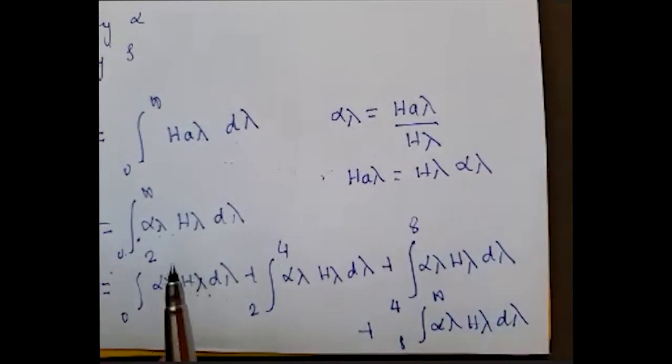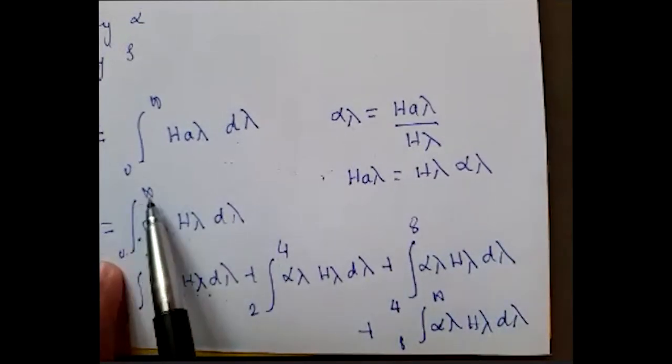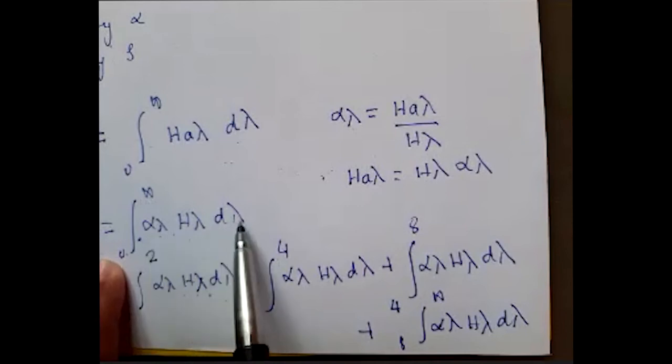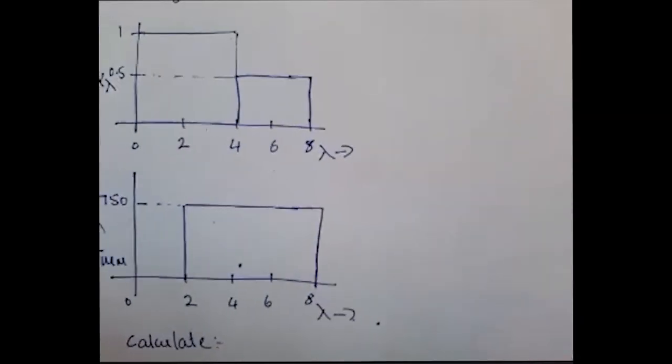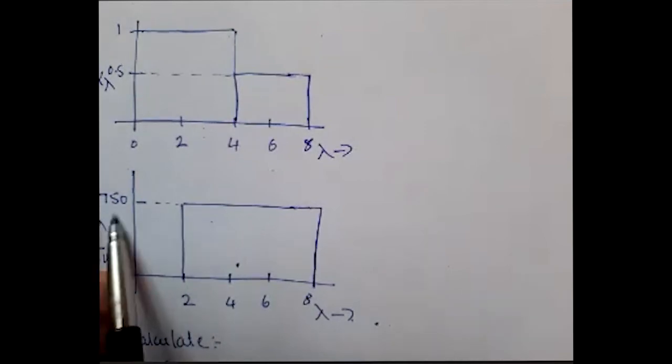I repeat, I have 0 to infinity alpha lambda H lambda d lambda. Since we have different wavelengths here as shown in the graph, from 0 to 2 I have a different H lambda value.